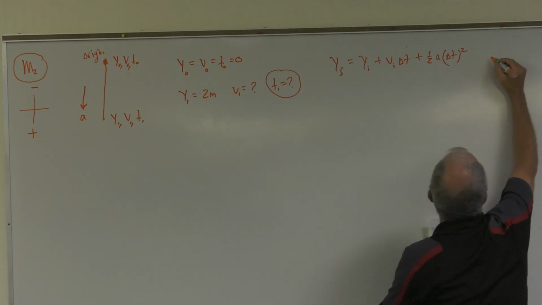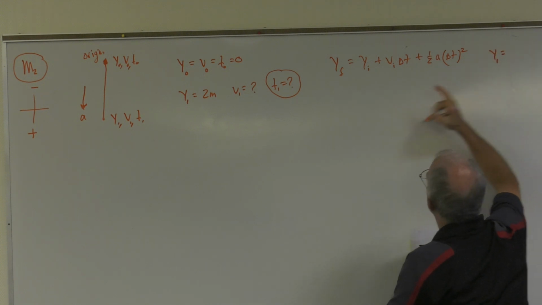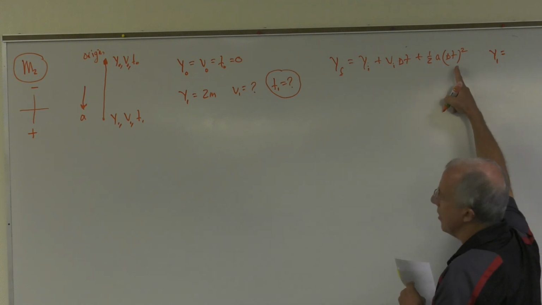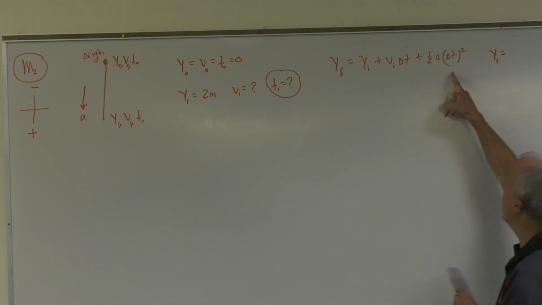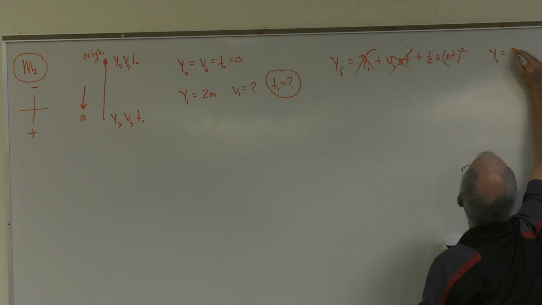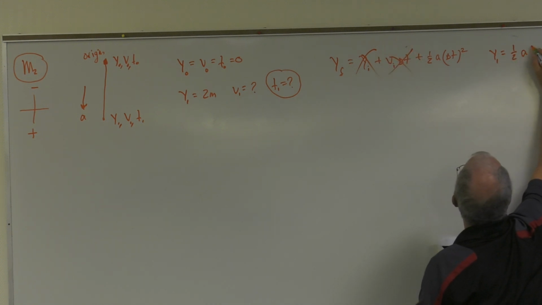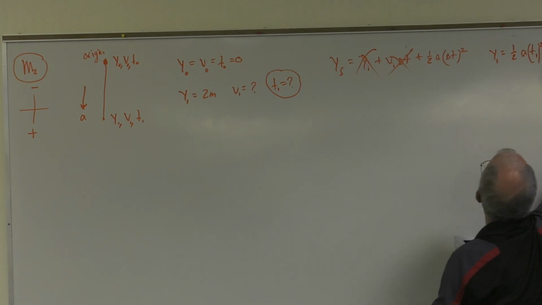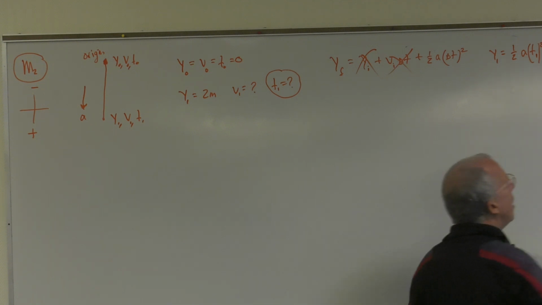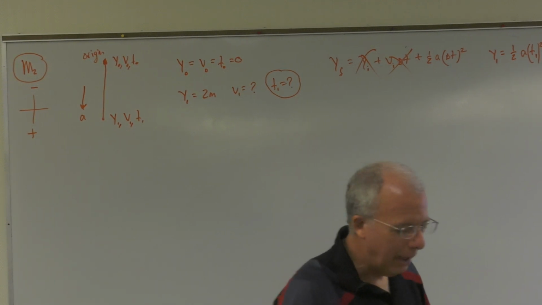So y final is y1. Okay, y initial is 0, v initial is 0. Delta t is just t1 minus t0, which is just t1. So basically that goes away, and we just have y1 equals 1/2 a t1 squared. So therefore t1 equals the square root of 2y1 over a. All right, we're done. Don't you wish?